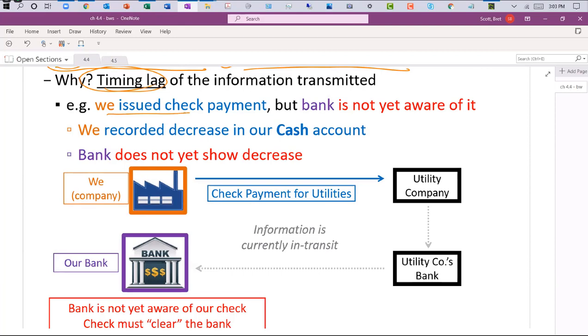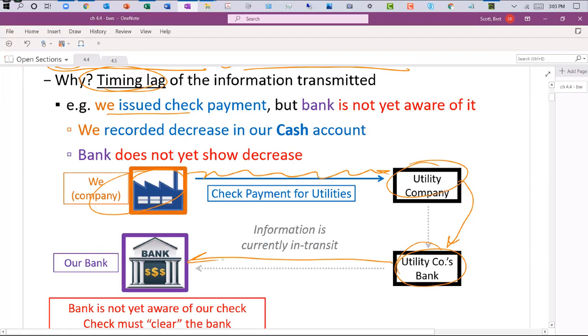The process starts with us writing the check, putting it in the mail, having it go all the way to, say, the utility company, waiting for them to process the check, then depositing that check at their bank, having their bank update their checking account, and having their bank transmit the check over to our bank by mail. And that takes a long time.